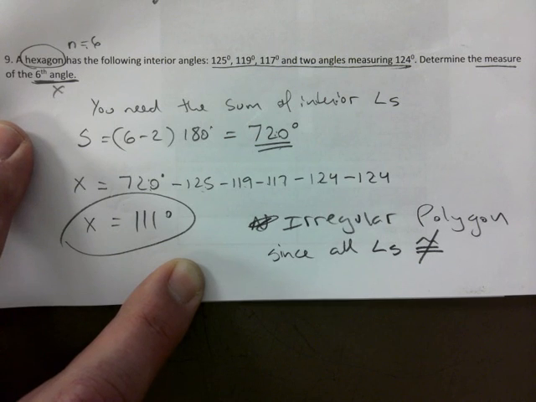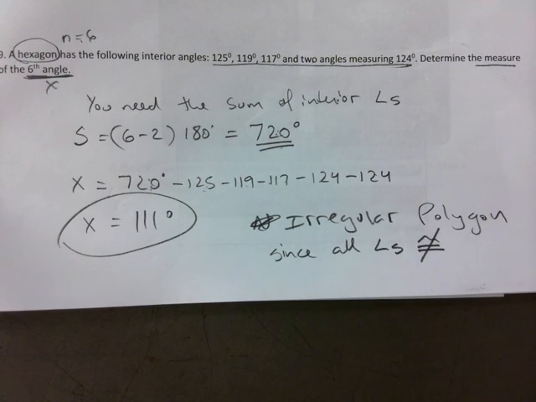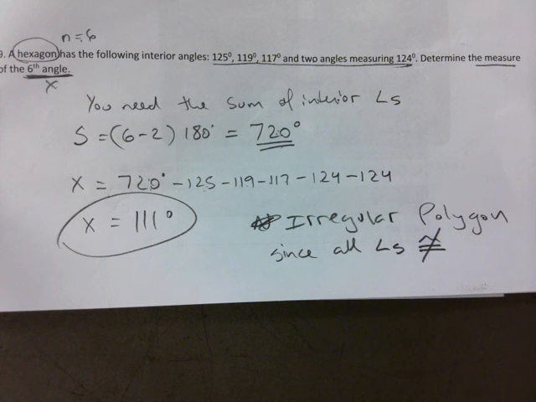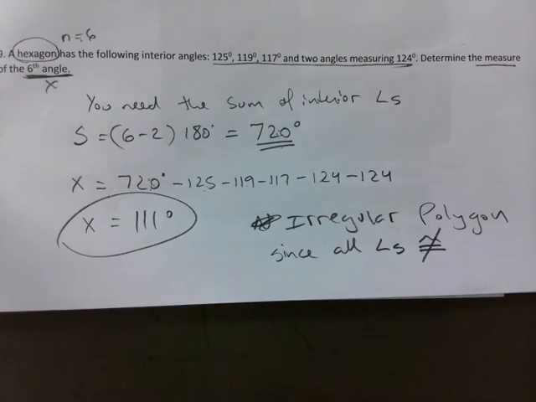You can just tell me the angles aren't all the same, use your own words. I encourage you to use your own words if you need to. But we don't even care about the sides. We know that the angles are all different, therefore it can't be regular, okay?